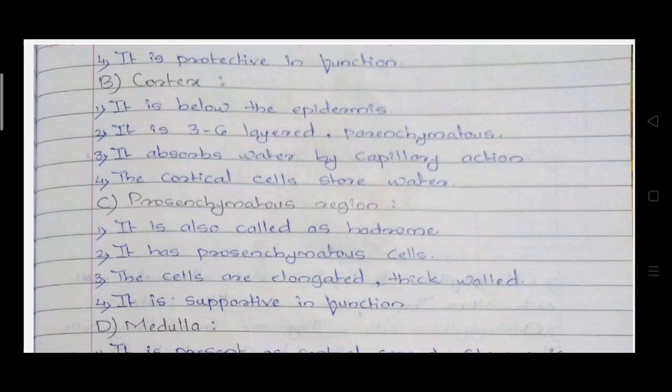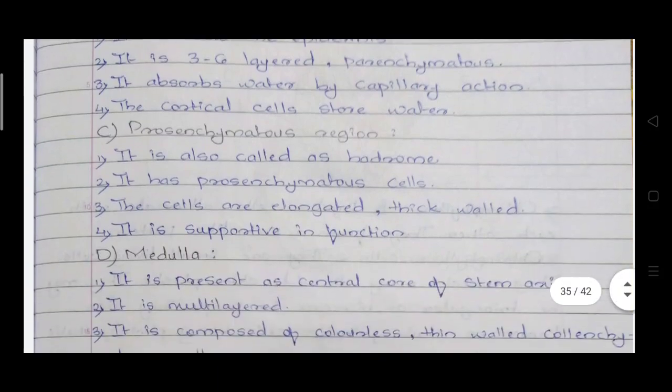These cells are somewhat elongated and thick walled, and they function as support. So this is about the prosenchymatous region, which is also called the hadrome.